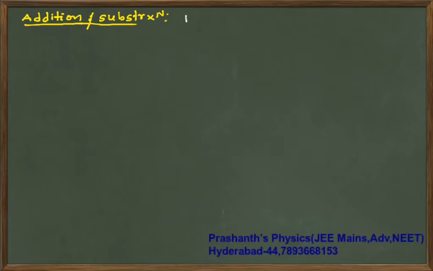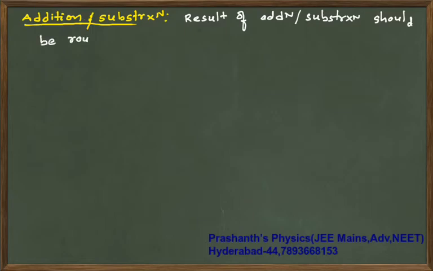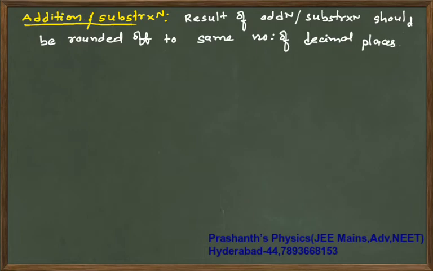So the result of addition or subtraction should be rounded off to the same number of decimal places as the number with the least decimal places.